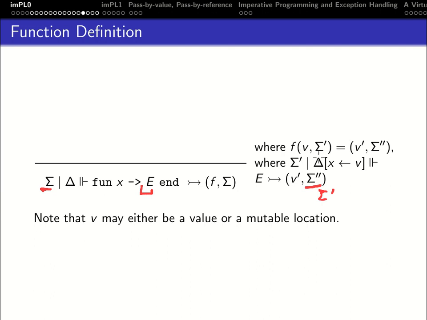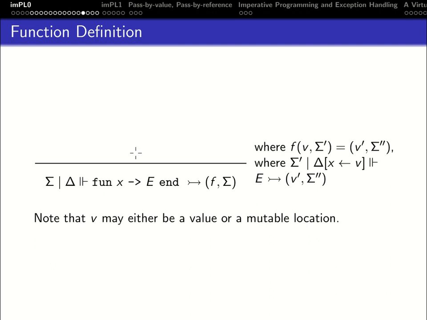So as I do the entire F, I have to go from sigma prime to sigma double prime. No, this is a function definition. I'm very sorry. We're not executing any function. I'm completely on the wrong track here.